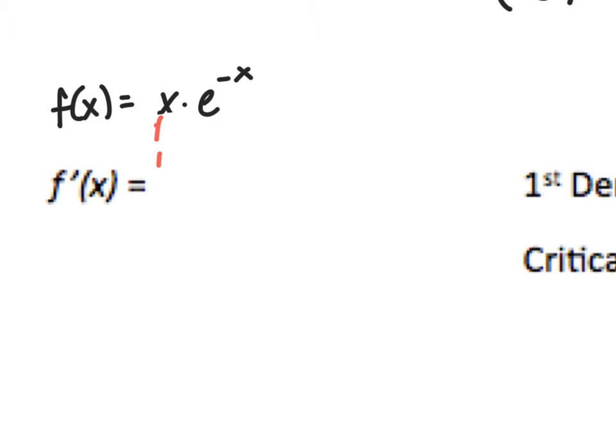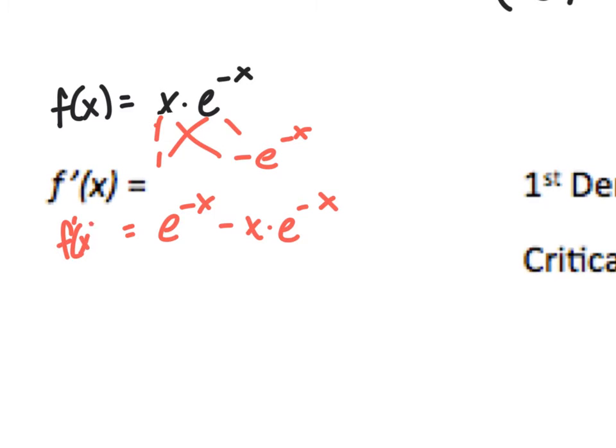So 1, and then the derivative of e to the negative x is going to be negative e to the negative x. I'm going to cross multiply and add them together. So I get e to the negative x minus x times e to the negative x. And this is my derivative, f prime of x.